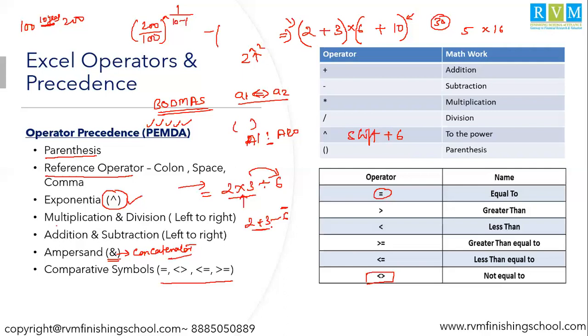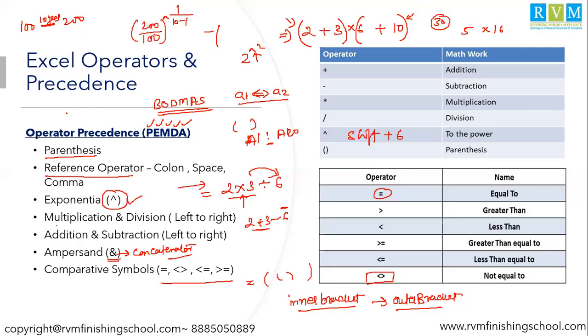Now, what if we have more than one bracket? After an equal to sign, we have a bracket, then again a bracket inside. How is this entire thing going to be solved? The inner bracket is solved first, and then the outer bracket. It is like when you put a stone inside the water: the inner ripple, then the outer ripple, then the outer ripple.